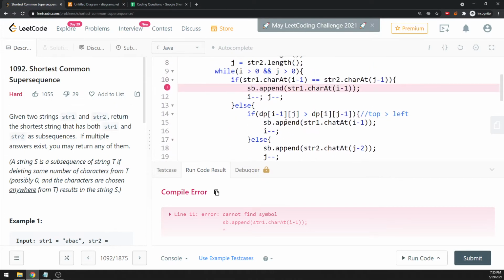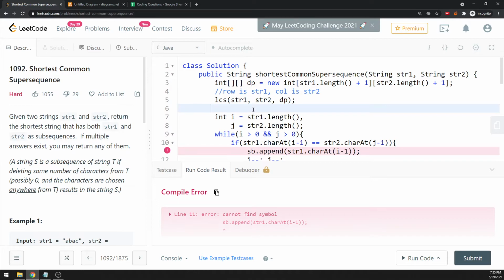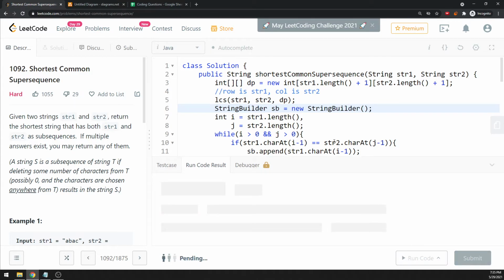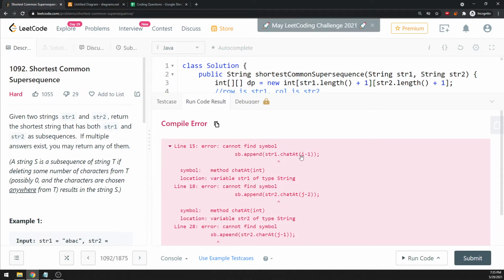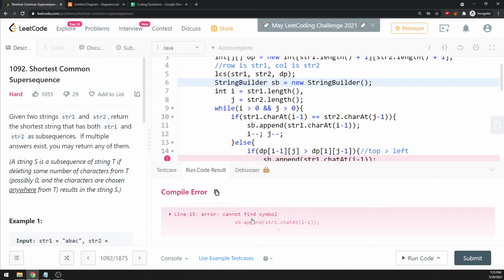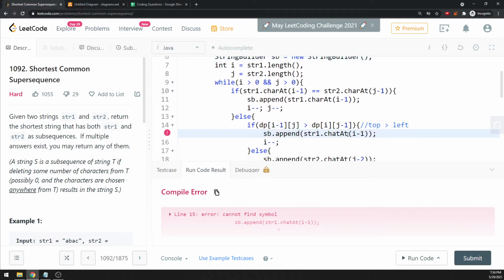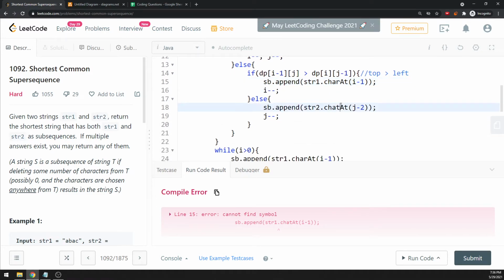Alright, I have a typo. Okay, I don't even have a string builder. So this is how you add. Sorry, making a mistake. And char, line 15 char. Okay, I'm making a lot of mistakes.